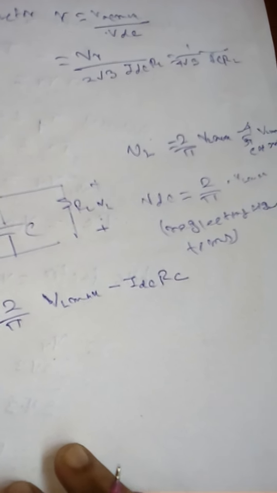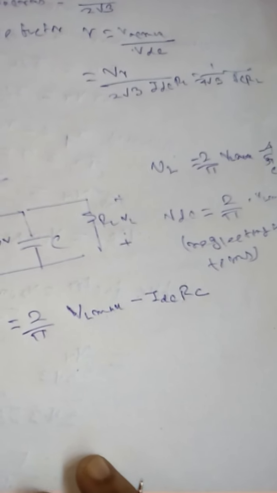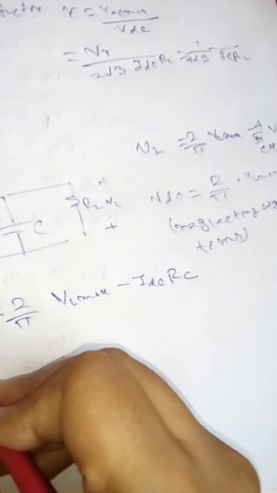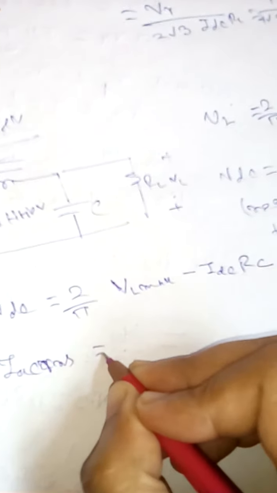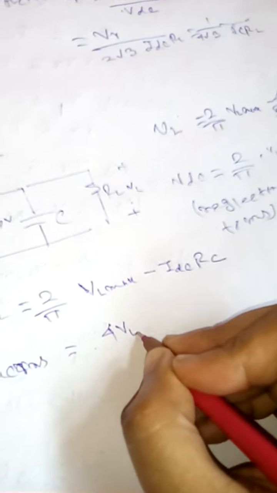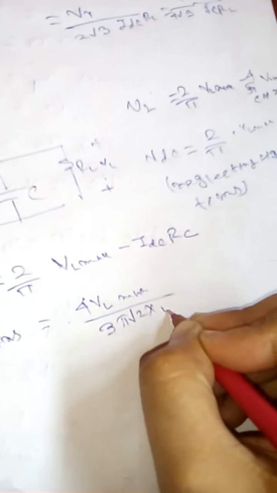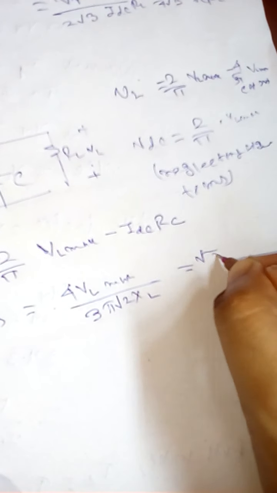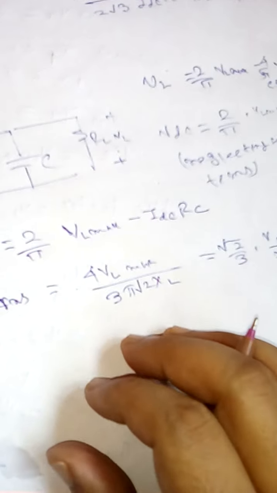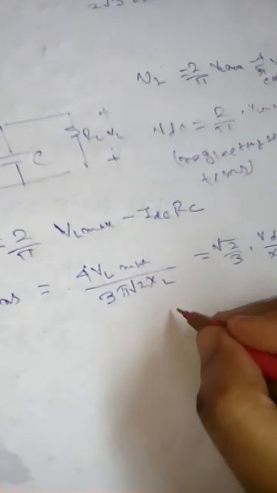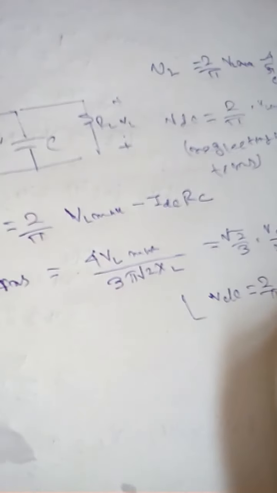If we take XL, the reactance at the second harmonic is 2 omega L, so IAC RMS is 4 VL max by 3 pi root 2 XL, which gives 2 by 3 VDC by XL, since VDC equals 2 VL max by pi.